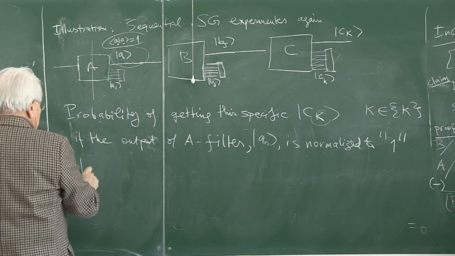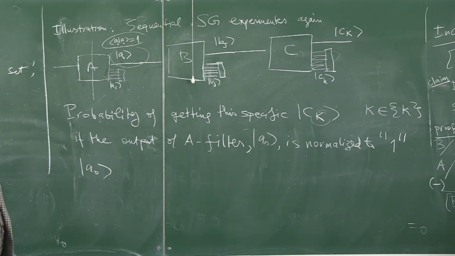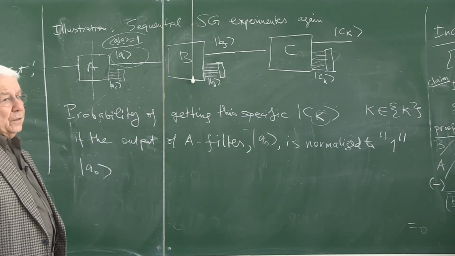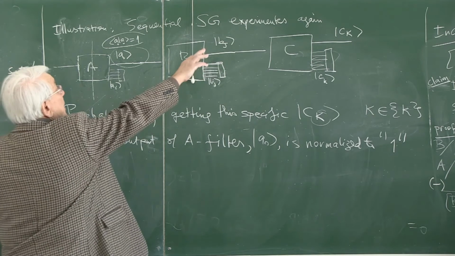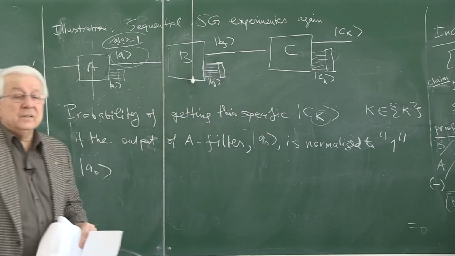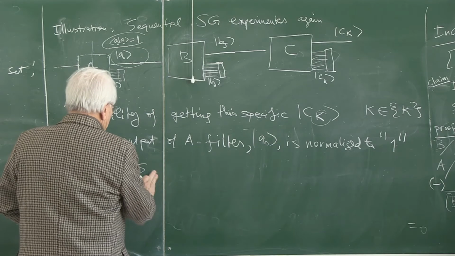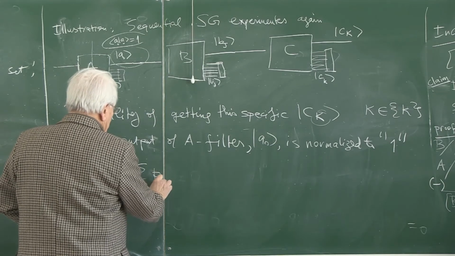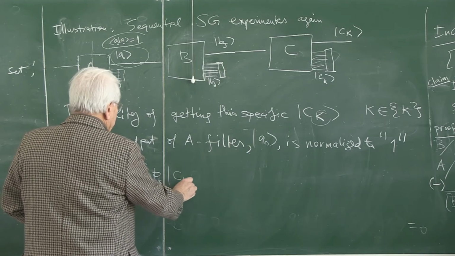You start with this, after the A filter, this initial state. You know that it's normalized to 1. You can write it as a superposition of that C basis, the output of the C analyzer. This is, again, a dangerous notation, I know, but I couldn't invent a better one.